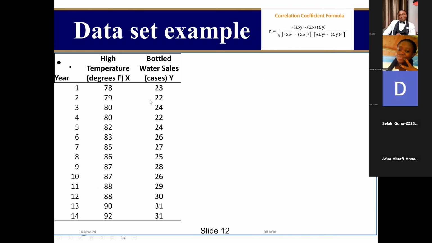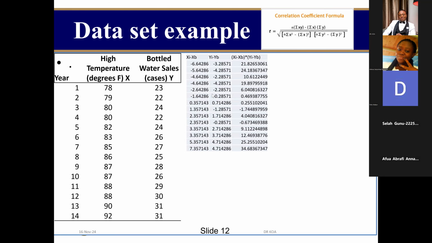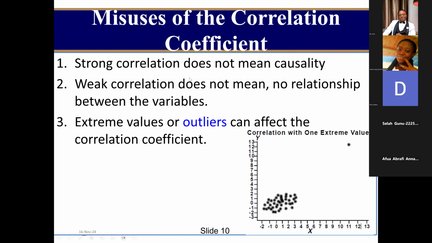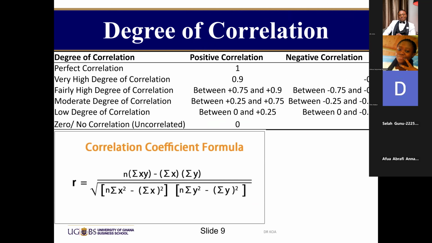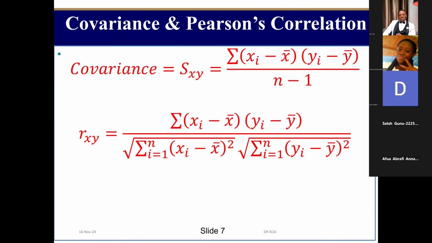All right. Now, this is a data set. As you can see, we want to do covariance first. Remember, we said covariance. Now, to do the covariance, if you can remember the formula, it says take the X, subtract the mean of X from it.